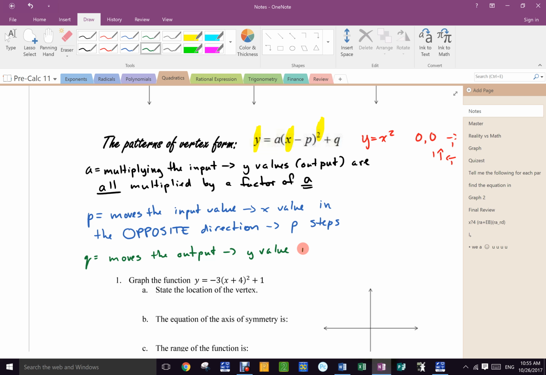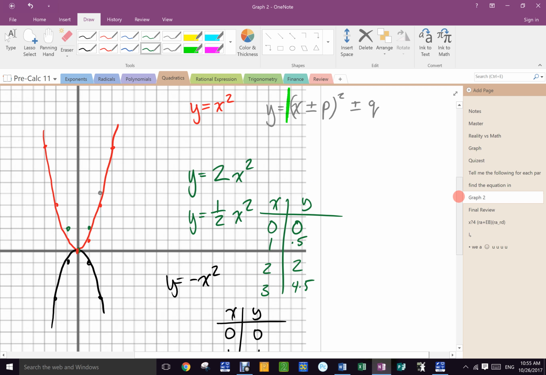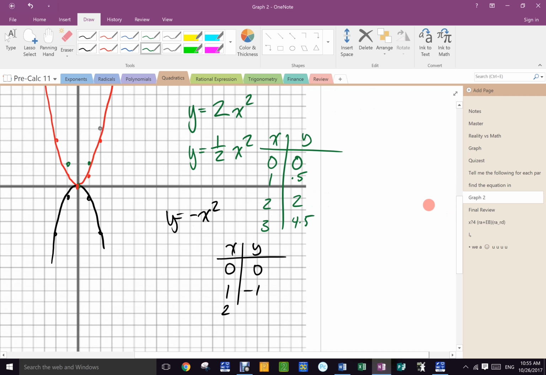How many steps? Q steps. Is everybody cool with that? Now, when I go back to this graph, all of that stuff is here, and you guys saw it all in action, yes? So let's come back to our notes.